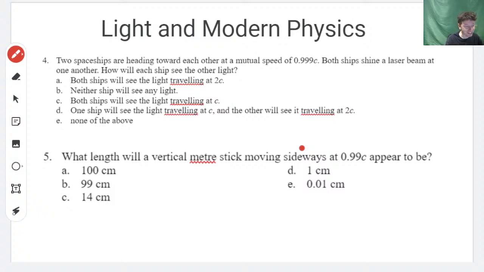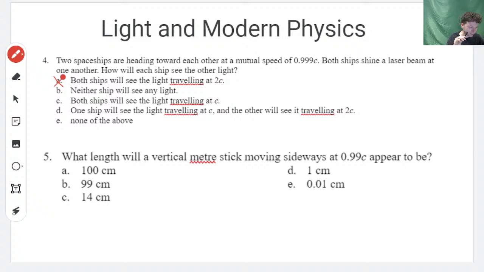Both ships shine a laser beam at one another. Okay. How will each ship see the other's light? A. Both ships will see the light traveling at twice the... No. This is special relativity. Einstein said that the speed of light is always c in all frames of reference. Actually, no, I don't think that was Einstein.